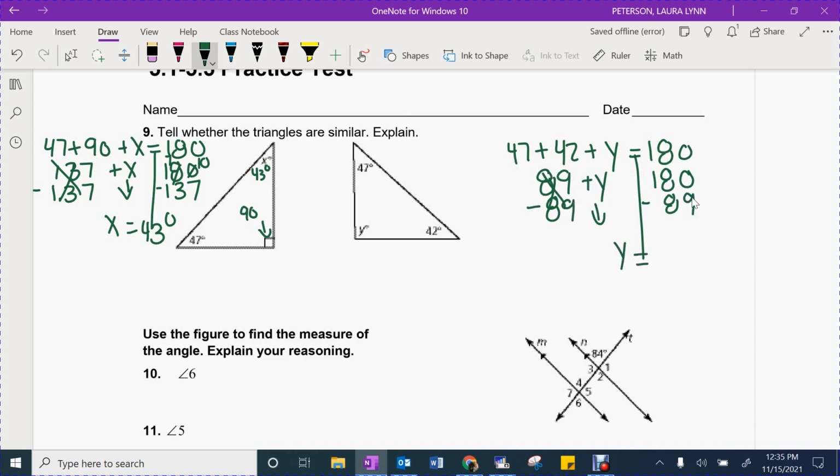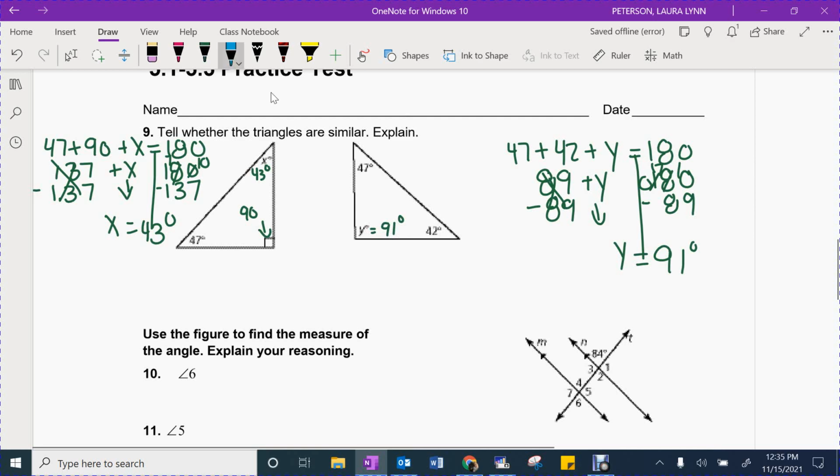This tells me y equals 91. Because I can't do 0 minus 9, I borrow. 10 minus 9 is 1. But I actually can't do 7 minus 8, so I have to borrow again, make this 17 minus 8, which is 9. So it's 91. You'd think it looks like it's a 90-degree angle, but it's just 1 degree more.